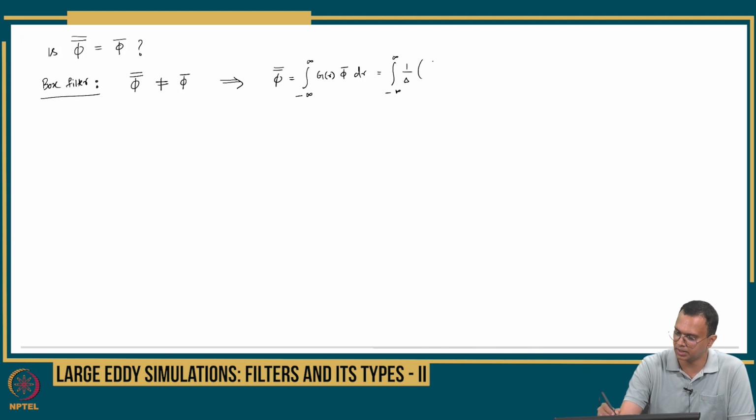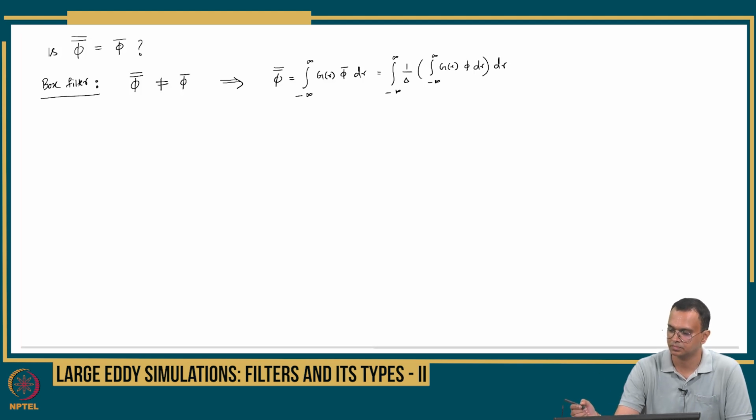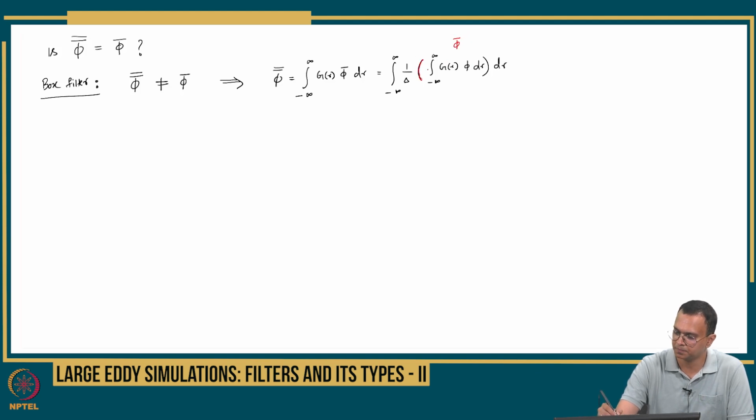Phi bar is nothing but again the integral from minus infinity to infinity of g of r phi dr. So this particular thing is phi bar, whatever is inside the round bracket here.